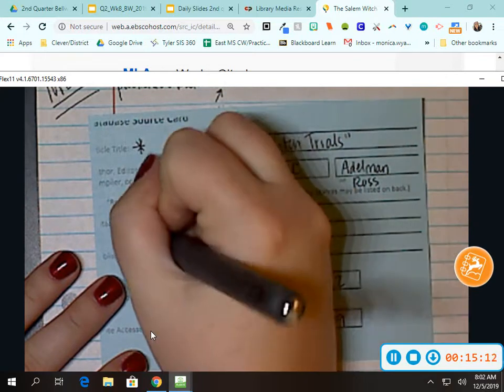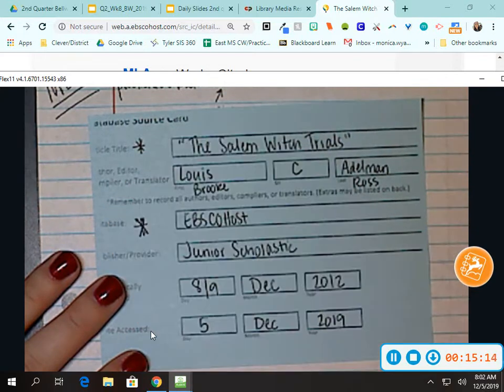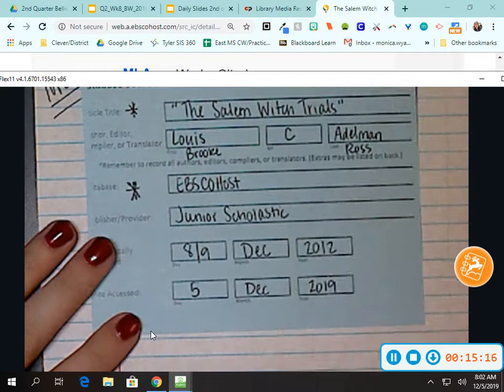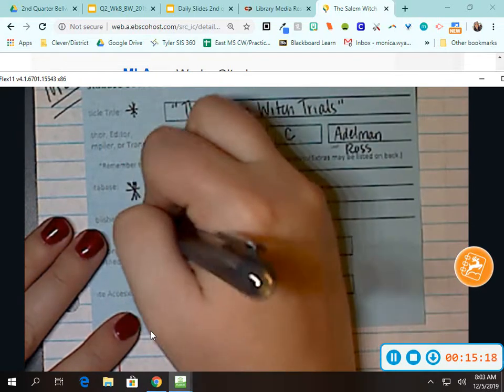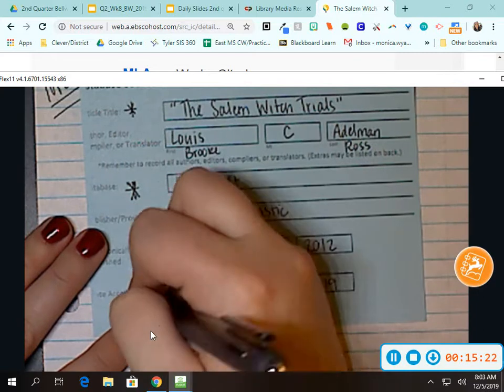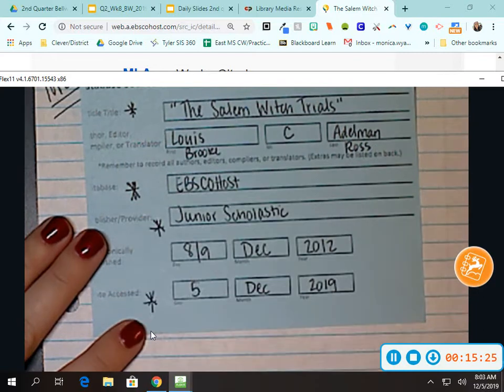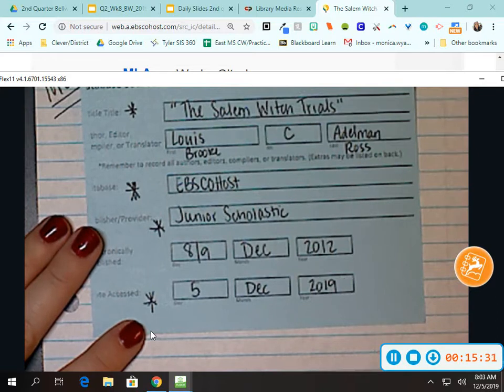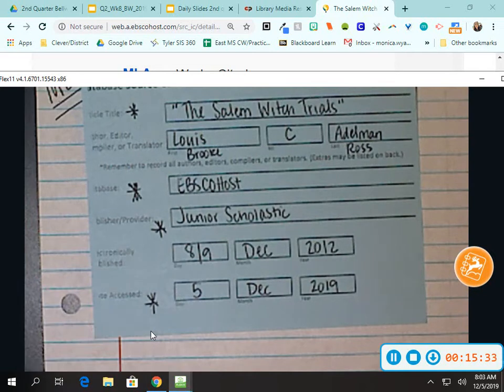That's a very odd asterisk. It will always have a publisher provider. And it will always have a date accessed. It may not have a date published. It may not have a day. It will probably have a month and year, but it may not have a day. And it may not have an author. I've never, like I said, seen this before.